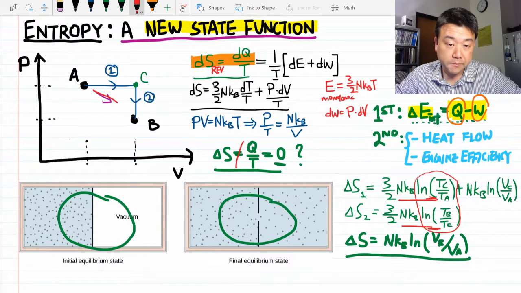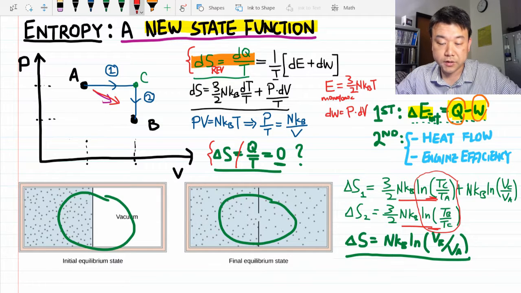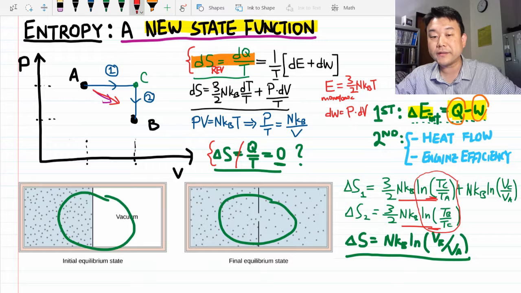When you have a big jump, like what free expansion describes, neither this infinitesimal expression nor this finite expression applies for those big jump processes. Instead, what you have to do is come up with a quasi-static path like we did and calculate the difference for the endpoints using a reversible path.